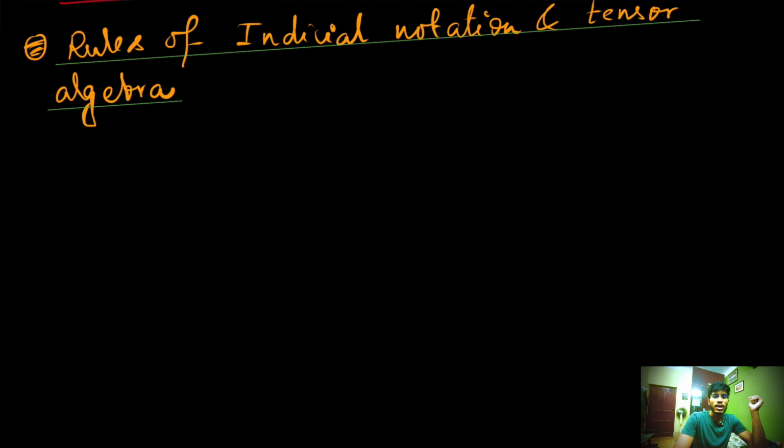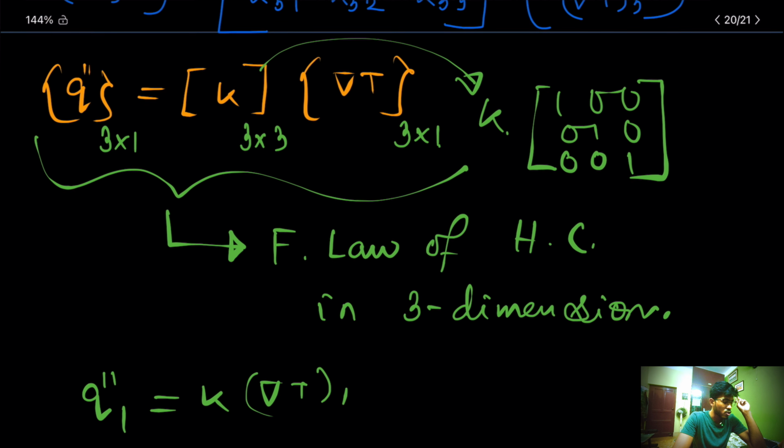If that is so, then for a vector that information is only one. For stress, to define it, you have to define the direction of the force as well as the direction of the surface, right? So stress needs two directions, and we will see that thermal conductivity also needs two directions.